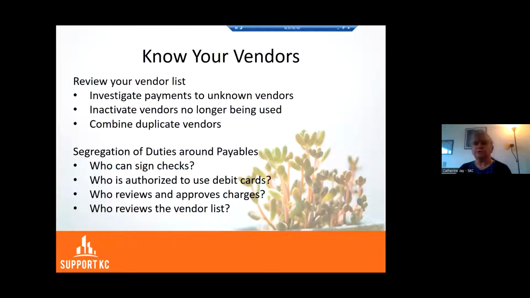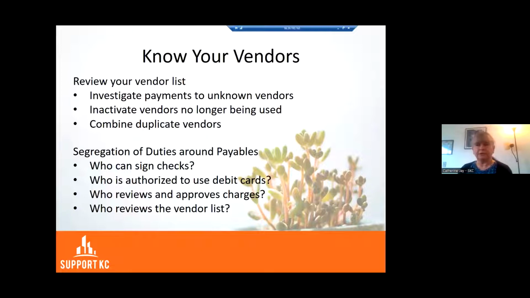And also, if you're using debit and credit cards, who is reviewing that process to make sure that you don't have a person that's not with your organization end up with a credit card that's under your account, or an employee wasn't authorized to have a credit card, but somehow they ended up with one.